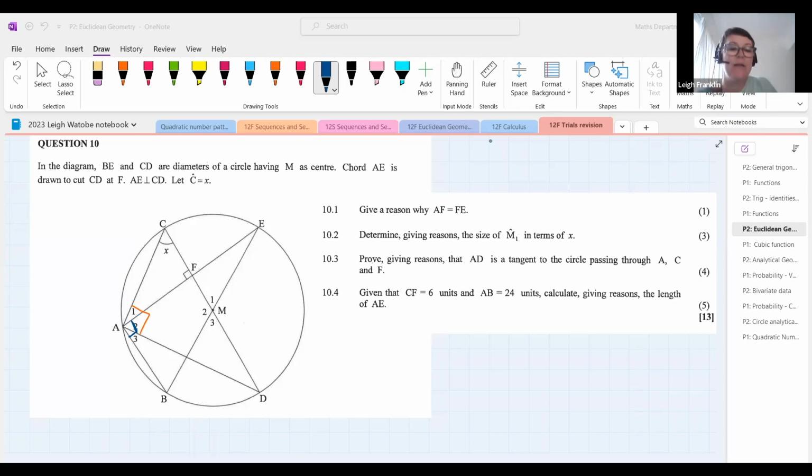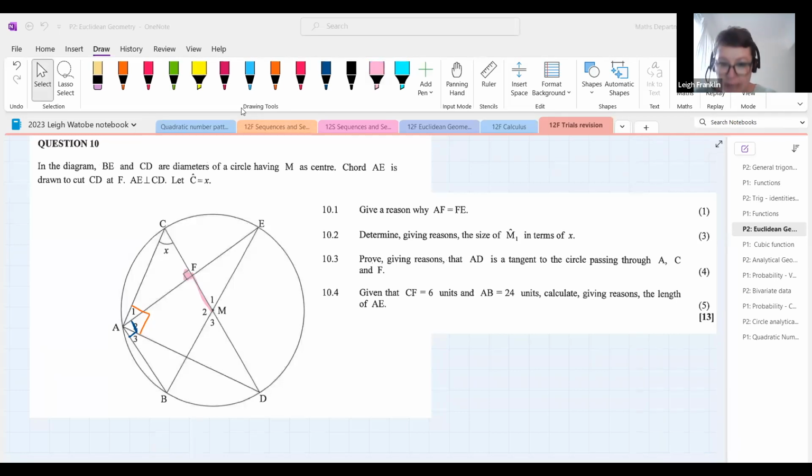Now that is important. I'm dropping some hints here. You have got a line from the center and it is perpendicular to a chord. What does the line from the center perpendicular to the chord do?